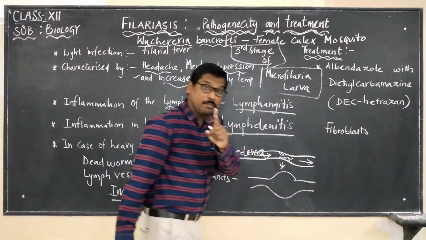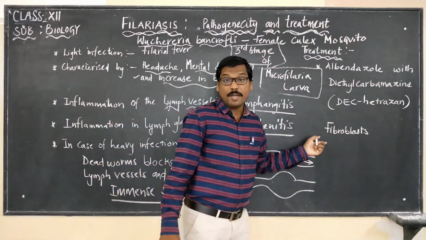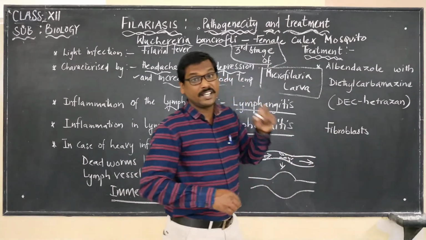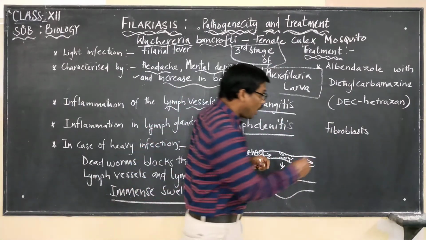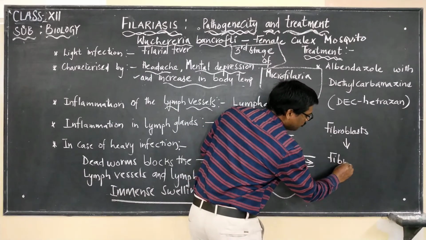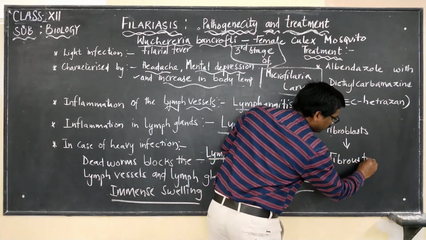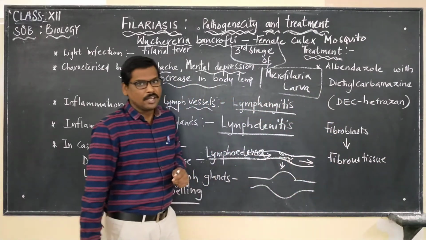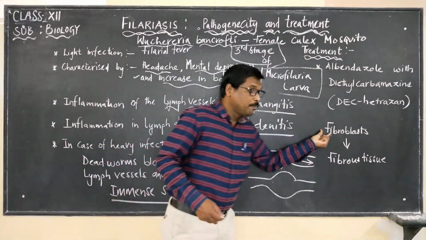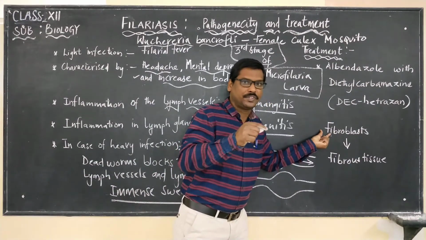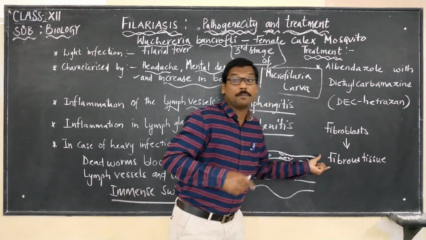Fibroblasts are accumulated in the lymphatic tissue, forming fibrous tissue, which should not happen actually. Please remember that.